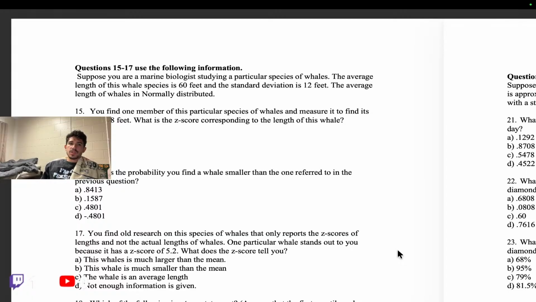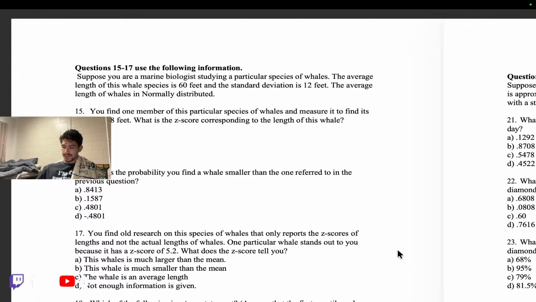Number 15. Suppose you're a marine biologist studying a particular species of whales. The average length of this whale species is 60, so our mean is going to be 60.